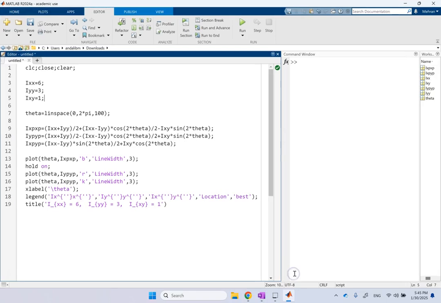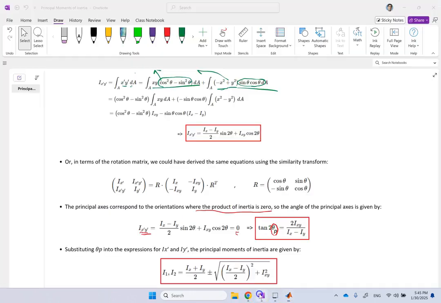Now, if I go back and look at this code that I have, if I want to calculate that angle, I say theta_p equals one half of the arctangent, since these angles are in radians, of 2 Ixy divided by Ix minus Iy. Or basically it's this term divided by this one, and when you divide that, 2 comes to the numerator.